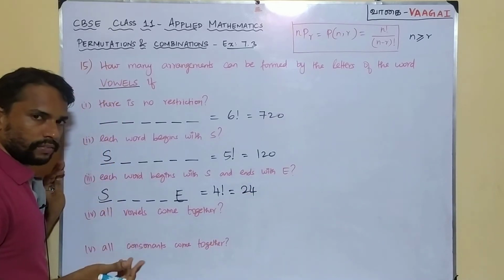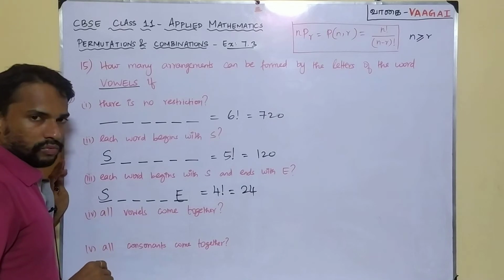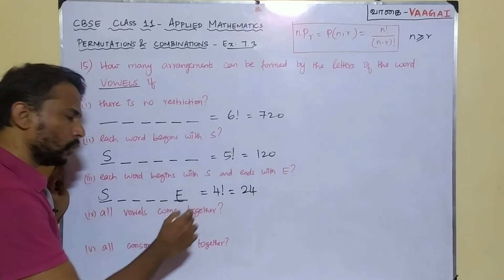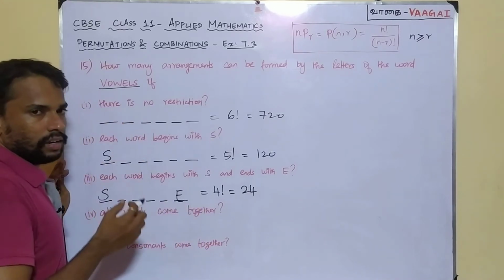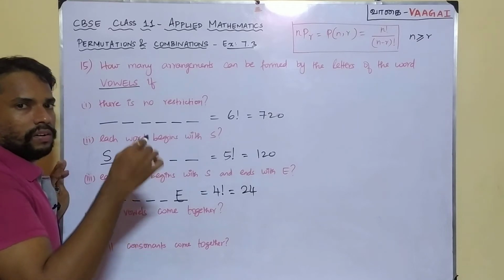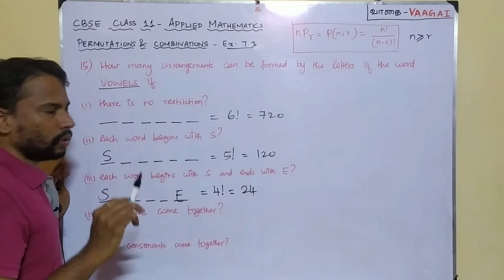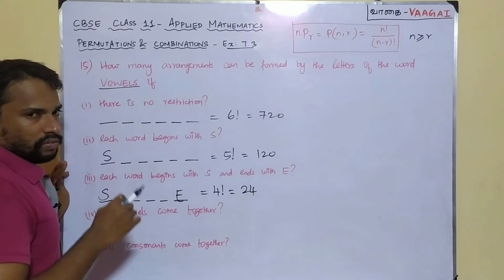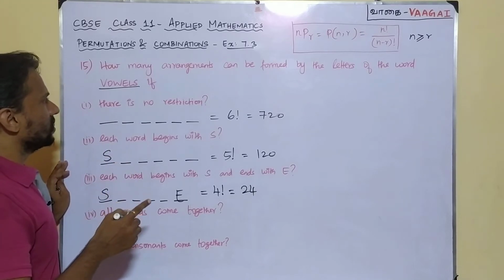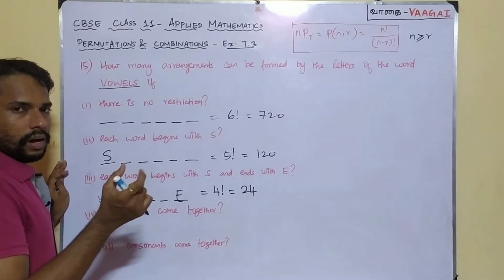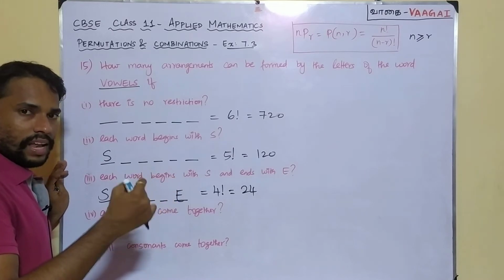And yes, the last 2 are very important. The fourth subdivision says all vowels come together. I mean the vowels in the word vowels should be together. That is what they are trying to say. In the word vowels, we have to collect the vowel letters together.